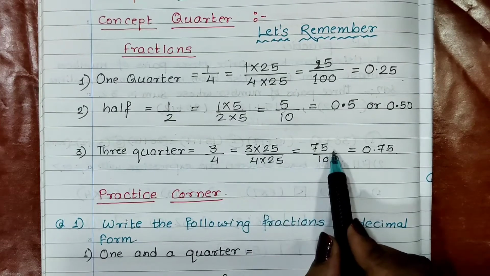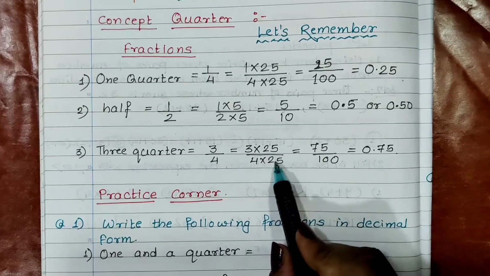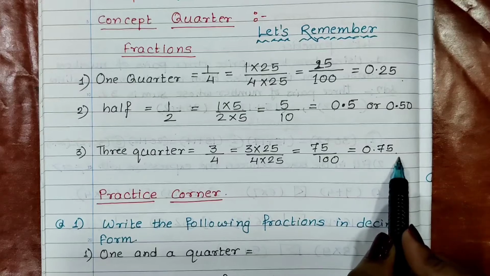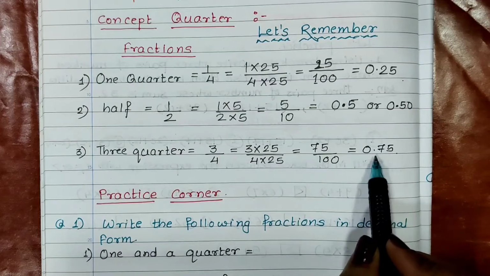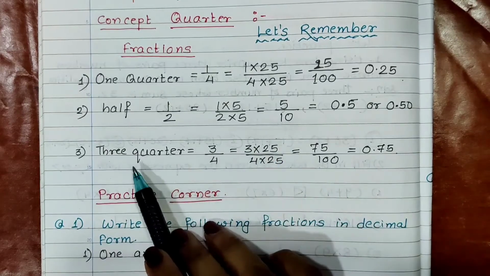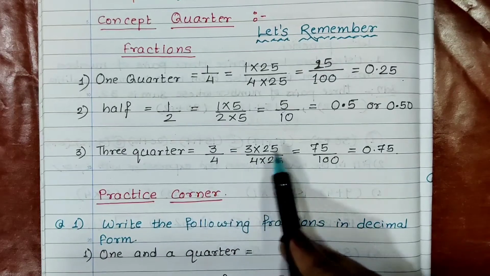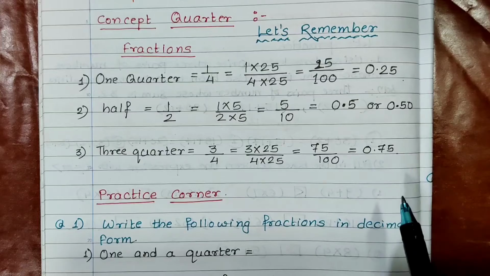So 3 into 25 we get 75. 75 upon 100, since 25 4s are 100. The answer is 0.75. We can convert it into a decimal fraction as 0.75. So 3/4 can be written as a simple fraction as 3/4, and as a decimal fraction it is written as 0.75.